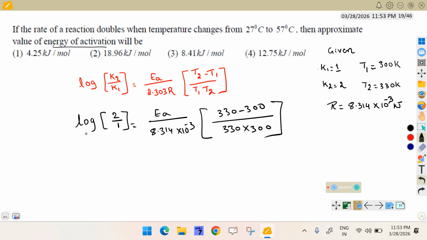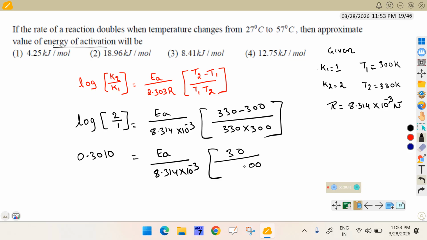Now simplify. Log 2 value is 0.3010, equal to activation energy by 8.314 into 10 power minus 3, 330 minus 300 value is 30, by 0.0099.